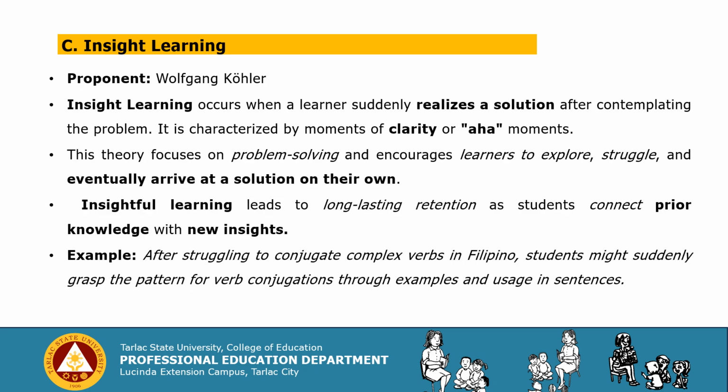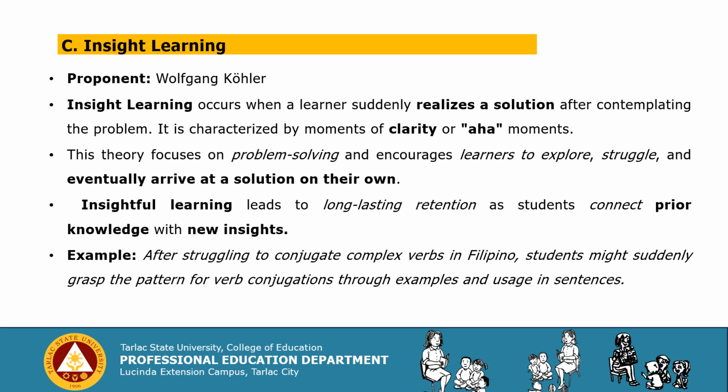Letter C, which is insight learning. Wolfgang Kohler's insight learning is a cognitive process where the understanding or solution to a problem suddenly clicks. This type of learning is often associated with problem solving and is characterized by the famous aha or light bulb moment where everything suddenly makes sense.